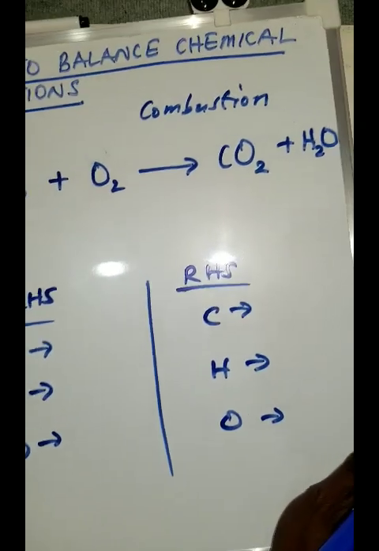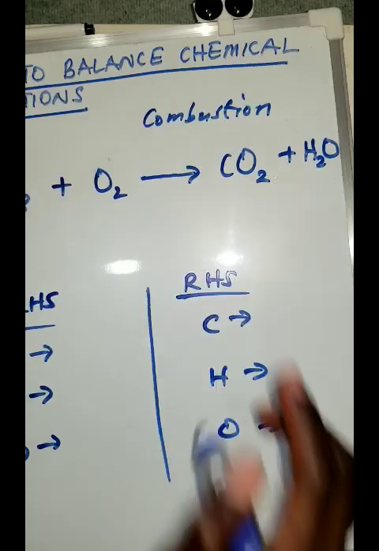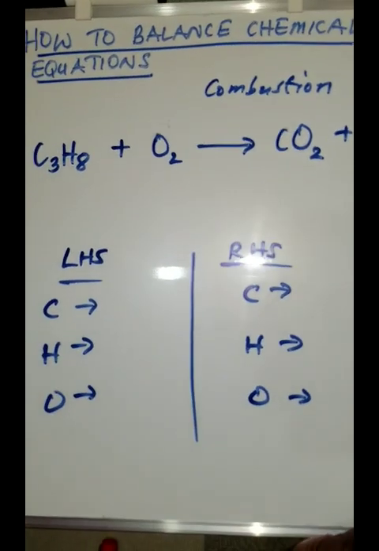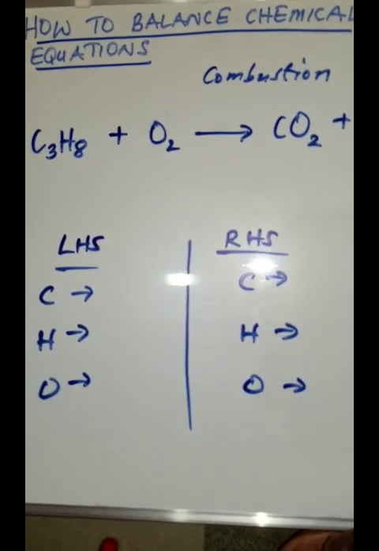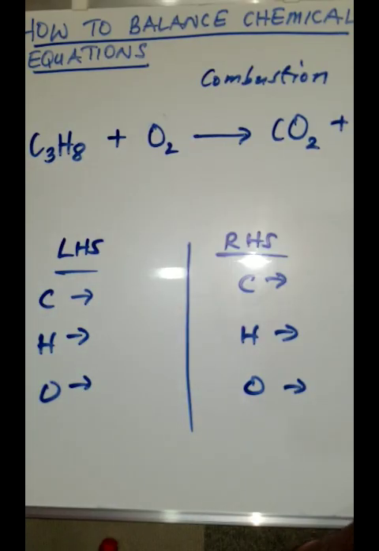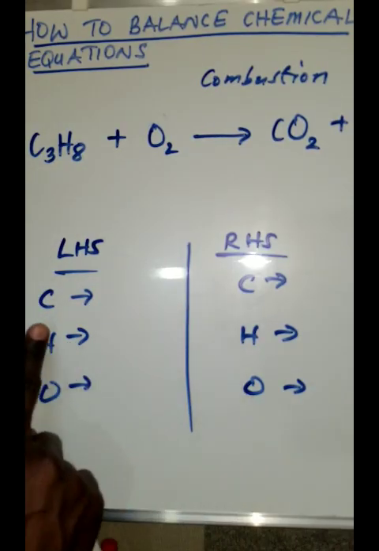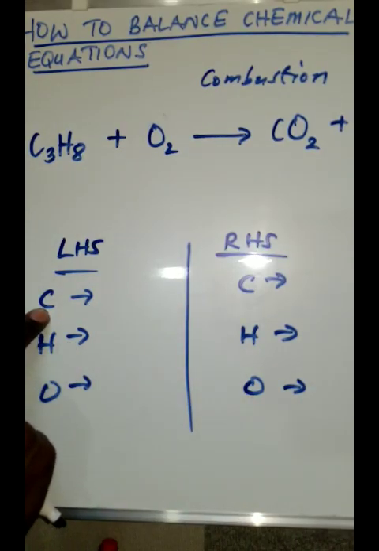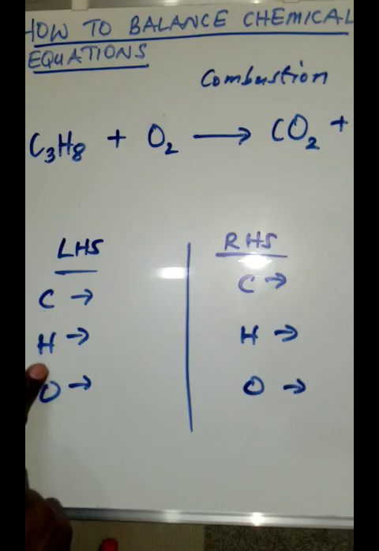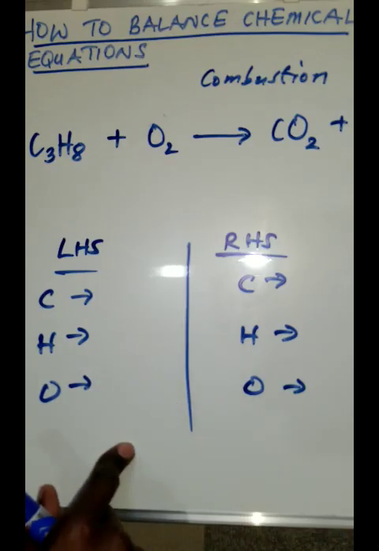Please remember, there's oxygen there. When you're balancing a hydrocarbon, it is always best to start by balancing the carbon, then the hydrogen, and lastly the oxygen. That's the order in which you balance.